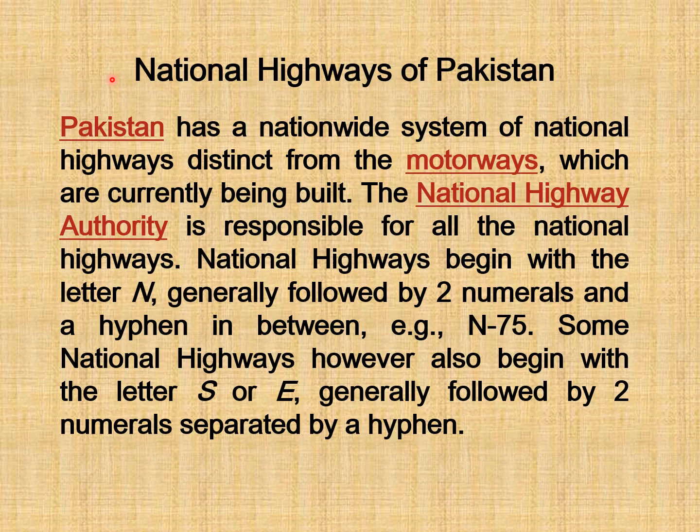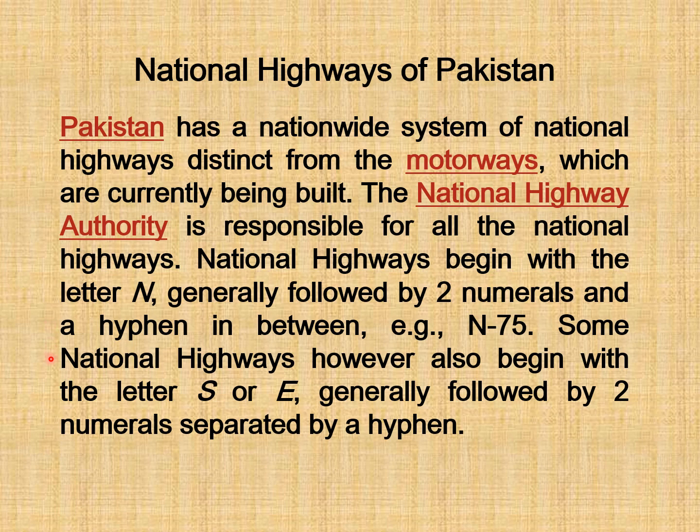National Highways of Pakistan. Pakistan has a nationwide system of national highways, distinct from the motorways which are currently being built. The National Highway Authority is responsible for all the national highways. National highways begin with the letter N, generally followed by two numerals and a hyphen in between, for example N75.